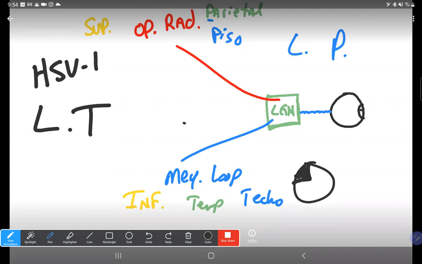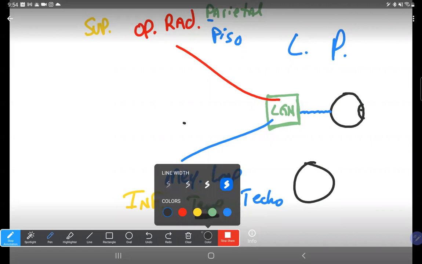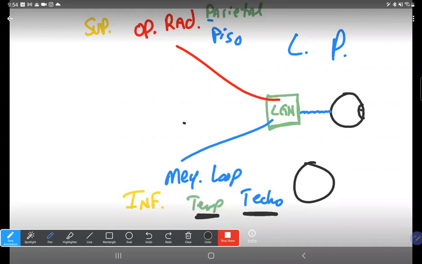Now, because we're Latinos, parietal, P, piso, P. So if it's a parietal lobe lesion, al piso, it goes to the floor. And because we're Latino, temporal for T, techo for T. So if it's a temporal lobe lesion, it goes to the roof.